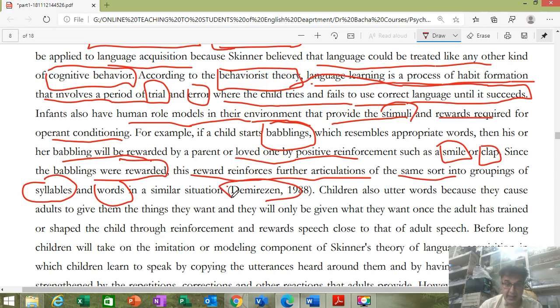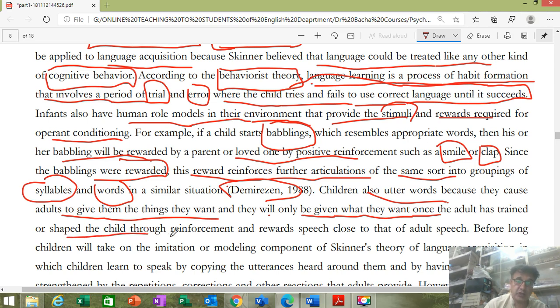Further, children also utter words because they cause adults to give them things they want, and they will only be given what they want once the adult has trained or shaped the child through reinforcement, and rewards speech close to that of the adult speech.